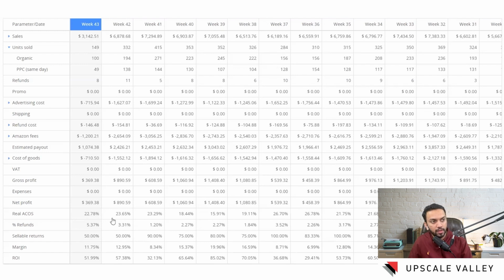So I've identified that just by looking at the data, in which direction things are going. Let's say we are standing in week 41. At this stage I would get an idea that, okay, you guys have either increased the budget of some particular campaigns, or you have added more campaigns in your PPC, and due to that your TACoS is increased.